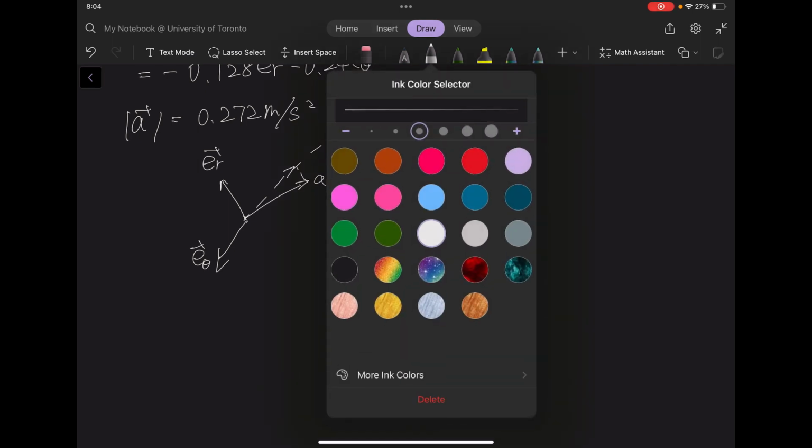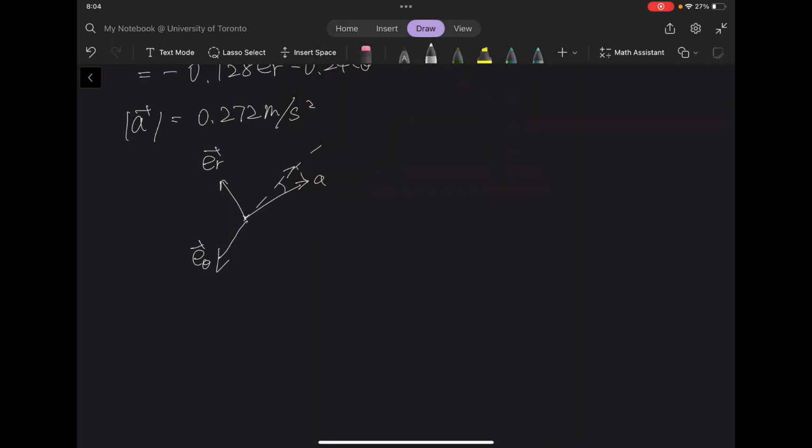We call it beta. And here's our AR. Here's our A theta. So alpha is equal to theta minus 90 degrees minus beta, which is equal to 19.44 degrees.